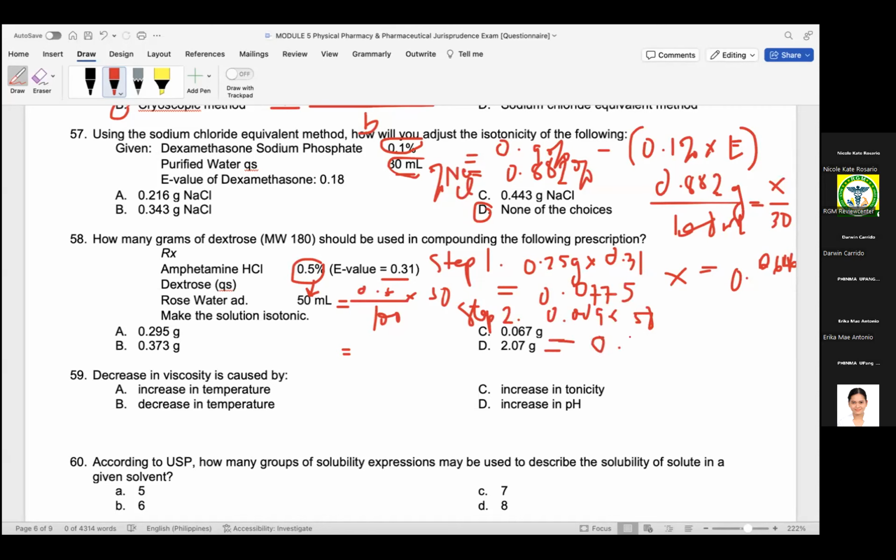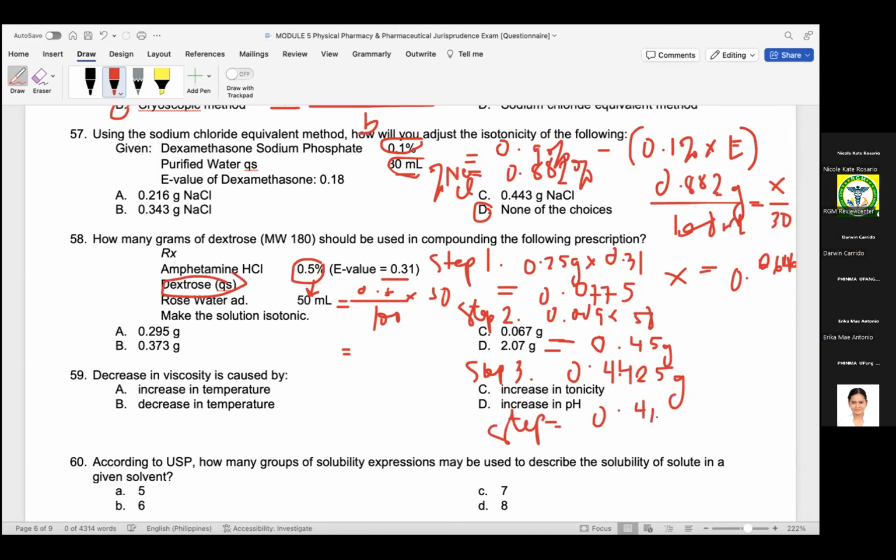And step 3, subtract 0.0775 from 0.45. The answer is 0.4425. However, this is just the amount of sodium chloride. Dextrose ang pang-a-adjust natin ng isotonicity. So, i-divide natin yan sa kanyang E-value.